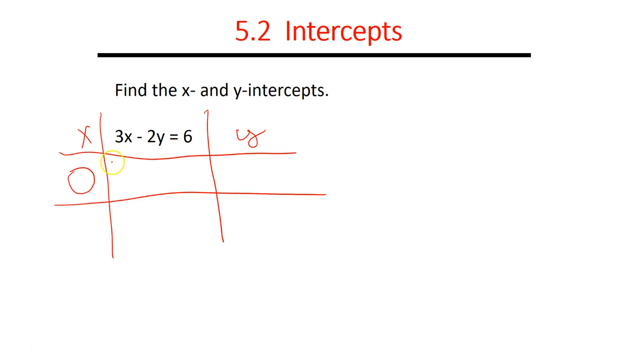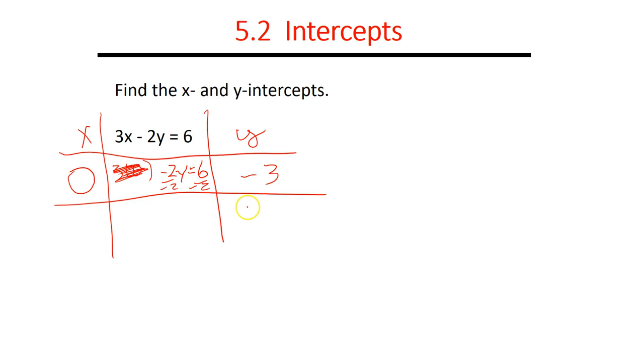So we're just going to sub in 0 for x and then solve this equation for y. We know that 3 times 0 is 0, so there's nothing there with negative 2y. Now we're going to divide by negative 2 on both sides, and what we'll find is that y is negative 3. 6 divided by negative 2 is negative 3.